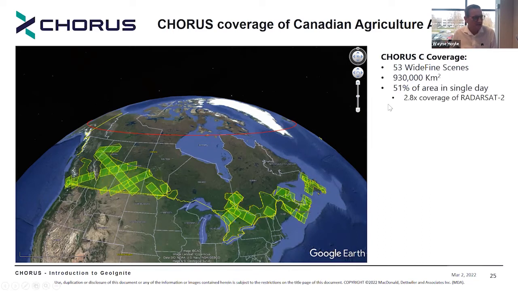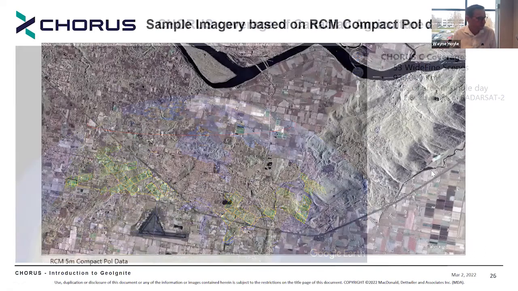Now, to contrast, using CHORUS, the C-band CHORUS, these green boxes are showing what we could do. We're able to collect 51% of that area in a single day. And again, you'll see there's a lot of areas where we're doing double collections, collecting twice in a day. So we're able to do 2.8 times the coverage of what RADARSAT 2 could do with CHORUS.